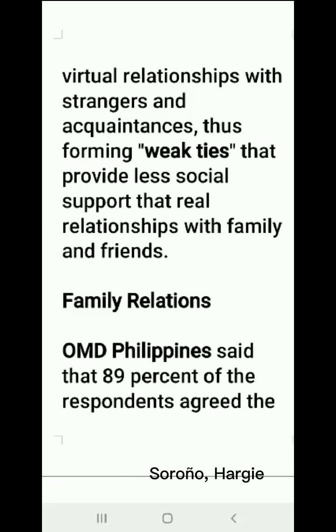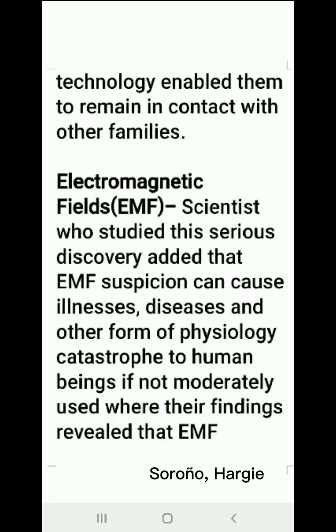Family relationship. OMD Philippines said that 89% of the respondents agree that technology enabled them to retain contact with other families. Electromagnetic field or EMF.